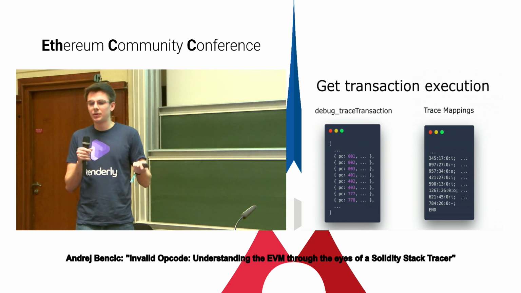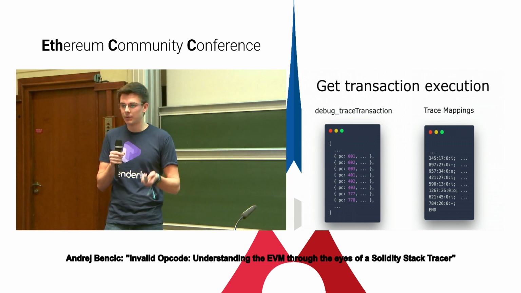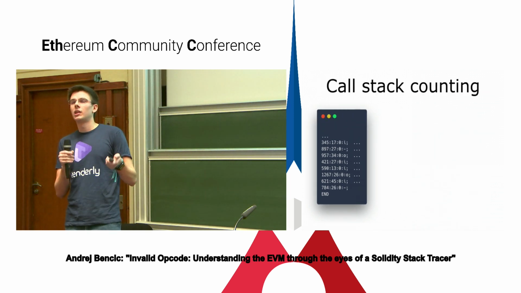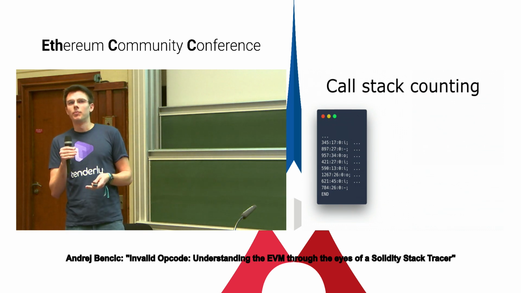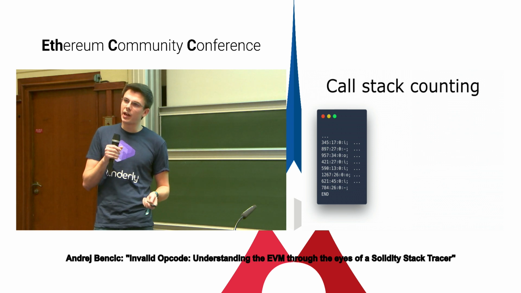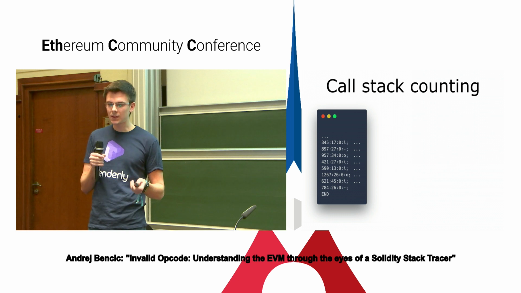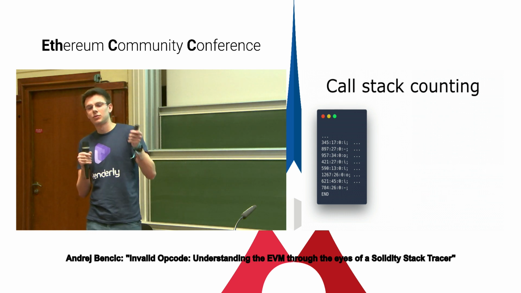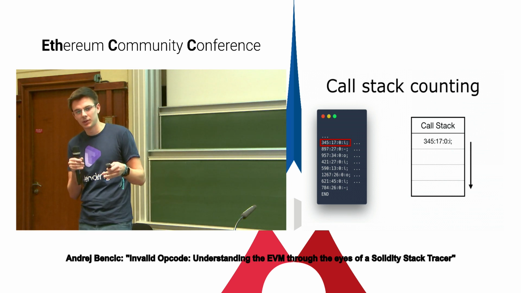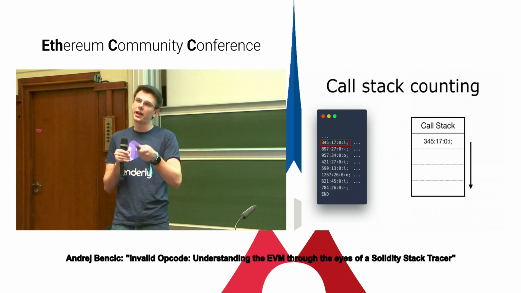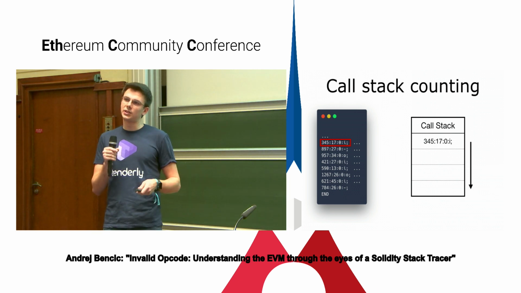But what do we know with this that we didn't know with the bytecode? Well, remember the fourth element of the source mapping, and that's the jump indicator. We can use it to recreate the stack after the execution to get the same result essentially. So we would run through each of the lines we got from the endpoint, and if we see an I, that means the instruction went into a function, and we would add it to a call stack.